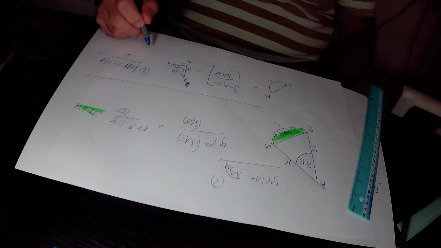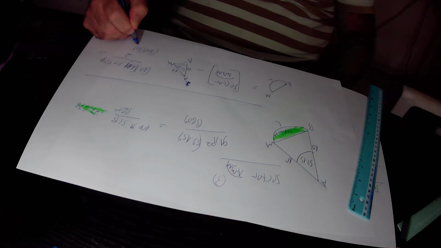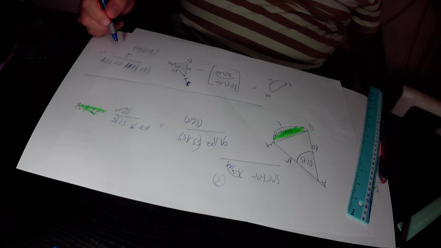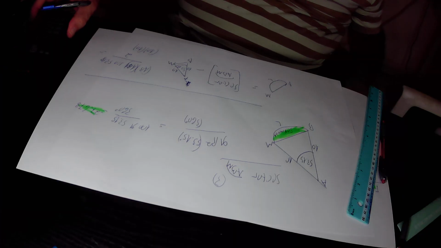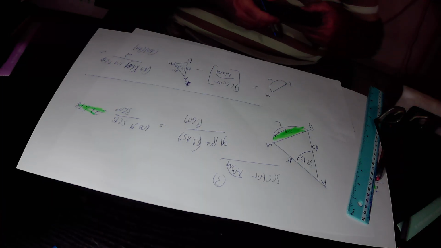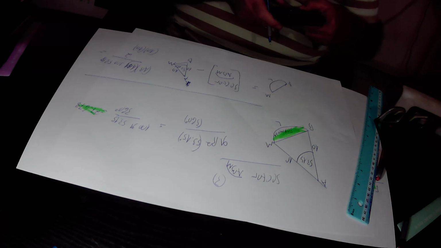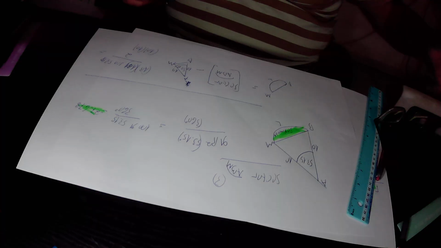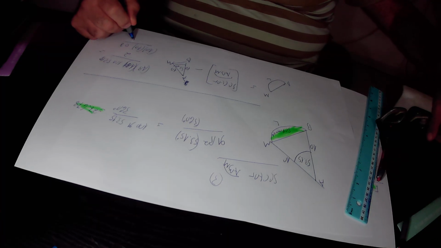AB is 10, AM is also 10, times sine 53.15, which is equal to 0.8, divided by 2.